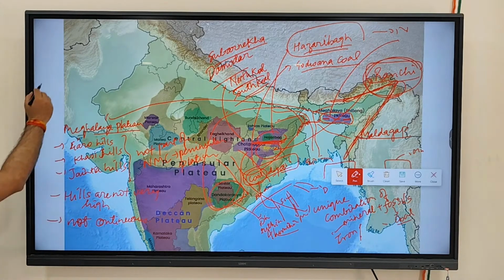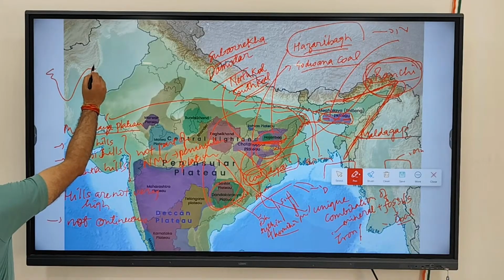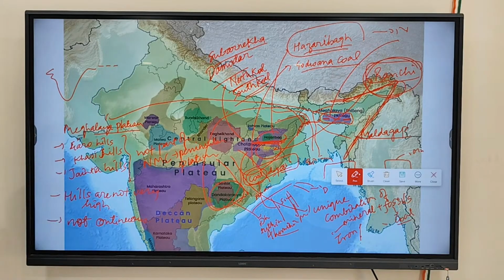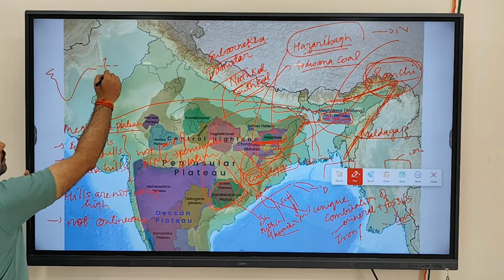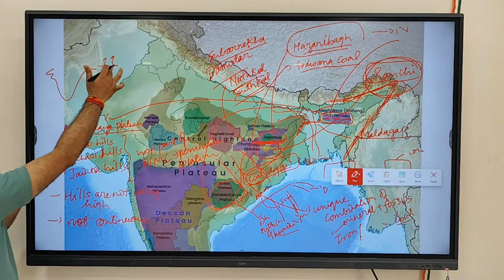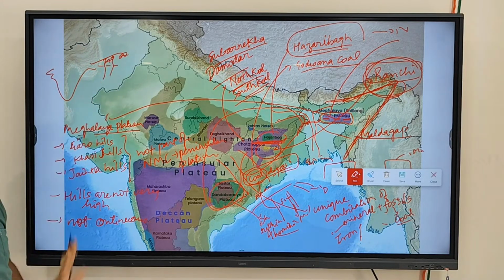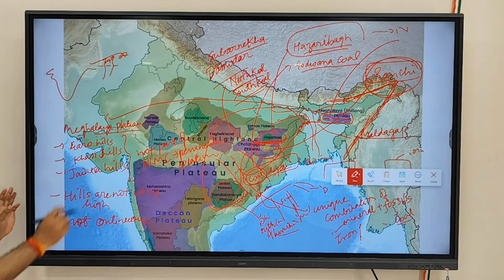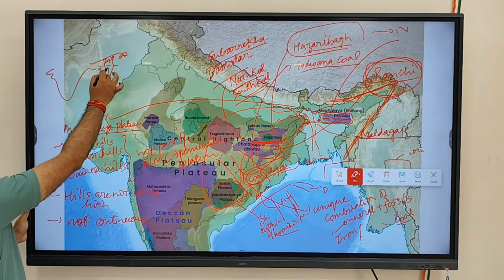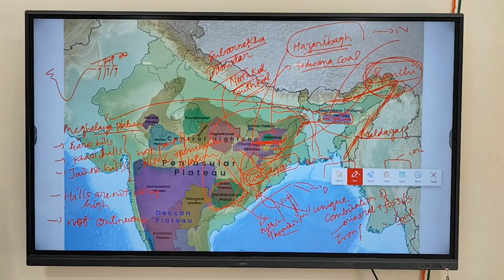Clear? So like this you are finding the Garo Hills, Khasi Hills and Jaintia Hills. Now when the monsoonal wind goes, because of this gap, it can reach Assam also, it can reach Arunachal also. Clear? And some of the winds are going to be blocked by these hills.